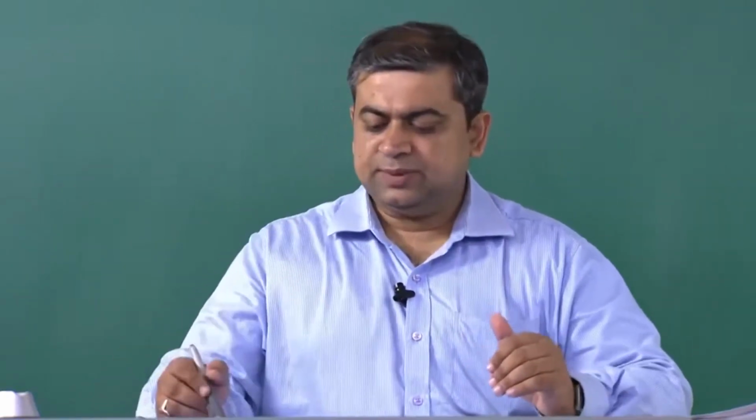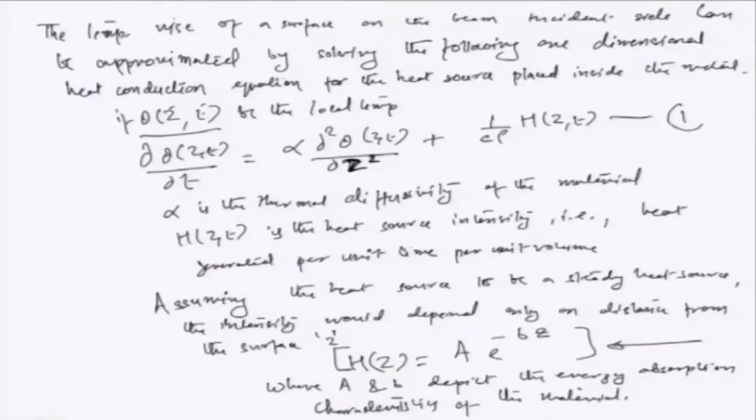So, the equation that was earlier obtained, equation 1, can be slightly modified and written in terms of this steady state heat source. And so, h would now depend at time t equal to 0 only on z, and also for all other times after 0.